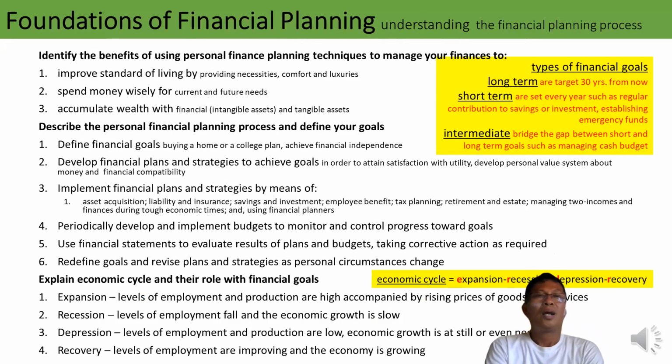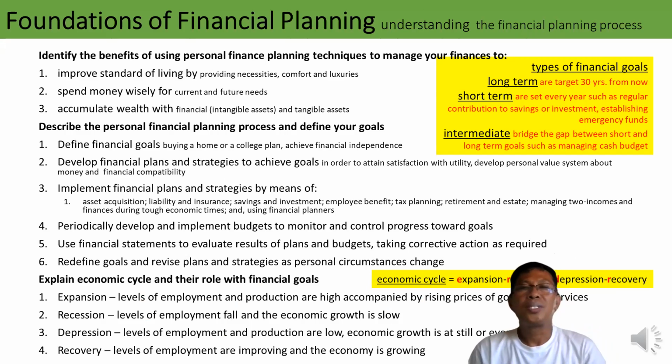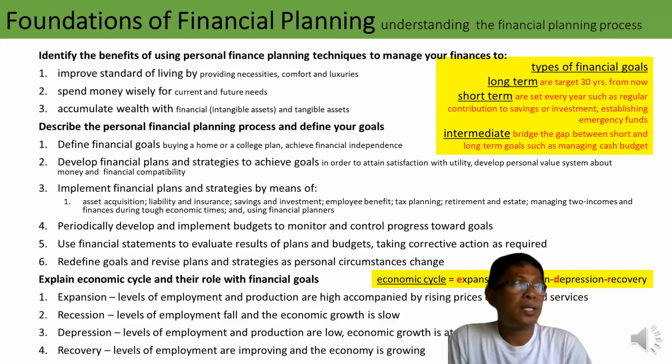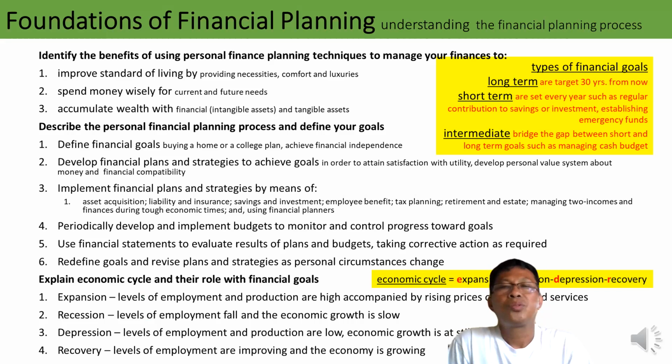Now, we are going to understand the financial planning process. But beforehand, allow me to introduce to you the types of financial goals. We do have long-term, short-term, and intermediate-term. What do you mean by long-term?